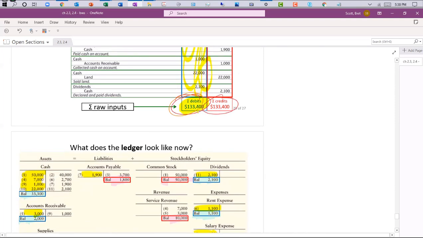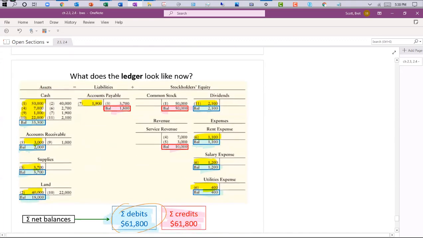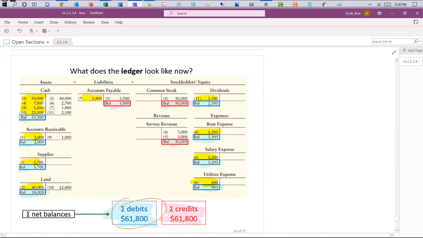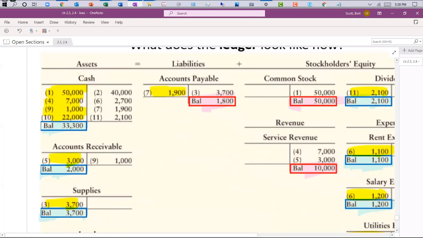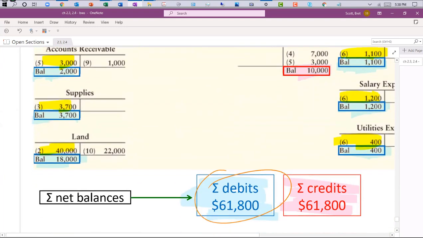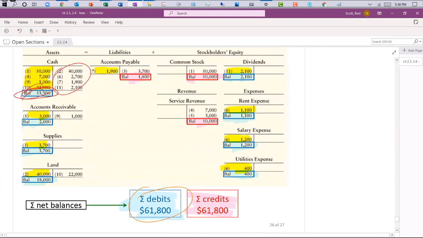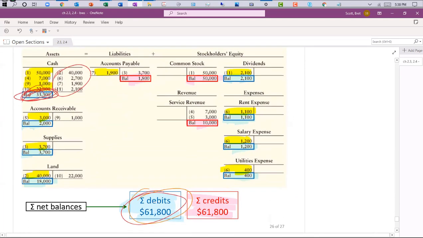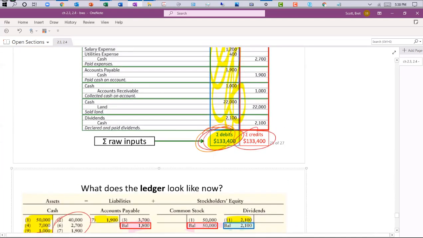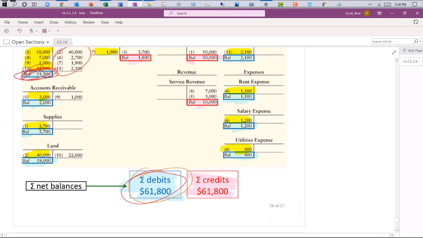But we don't show that in the ledger. What we show is the net effect to the individual accounts. So these balances right here, that 33,300, that's not just the debits, that's also the credits. So you're going to get net balances, and when you sum up the net balances, you're not going to get the raw total debits equaling total credits. So trust that the system works. You don't need to have these total debits equaling these total credits.